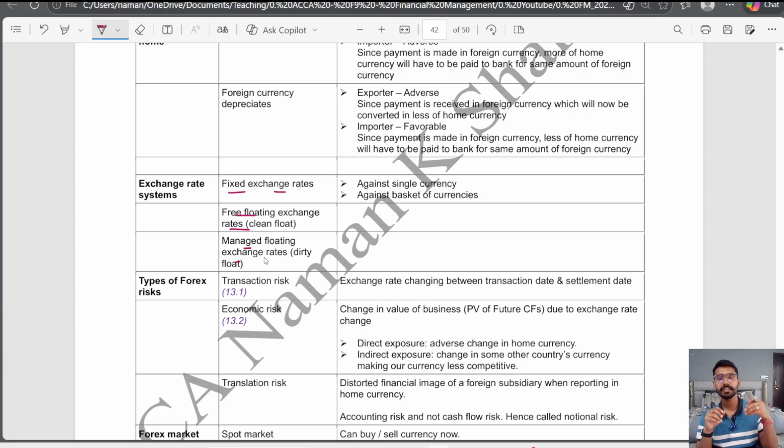When the currency is, let's say, going in a very different direction, at that time you will maybe sell the foreign currency or buy the foreign currency, thereby impacting its demand. The central bank of the country will impact the demand and supply of foreign currency and home currency to change the exchange rate and get it back in a particular range.